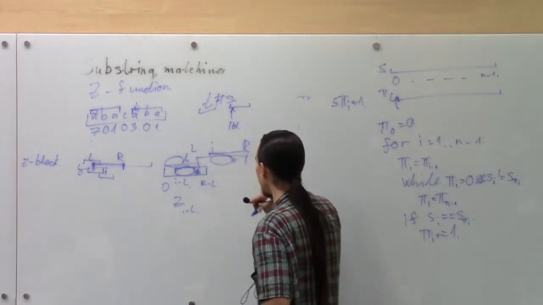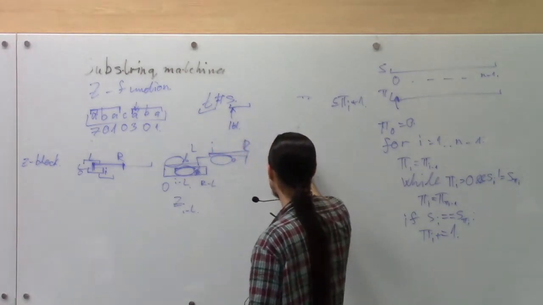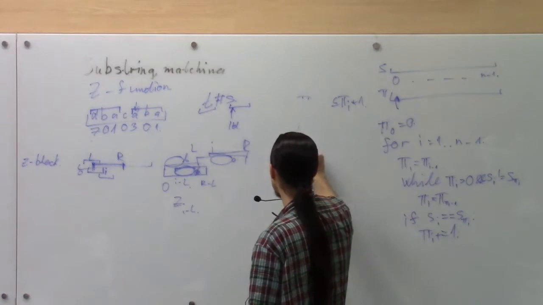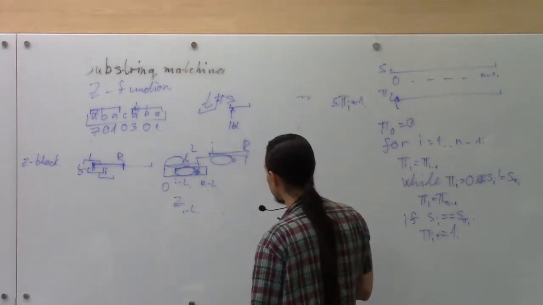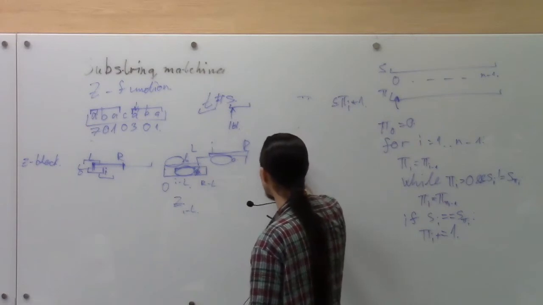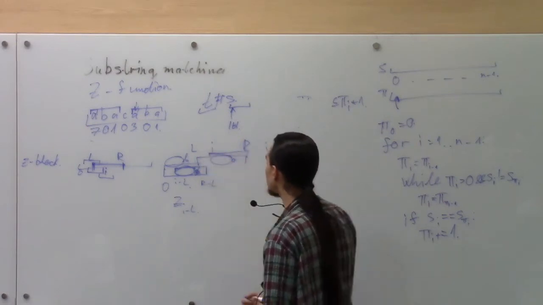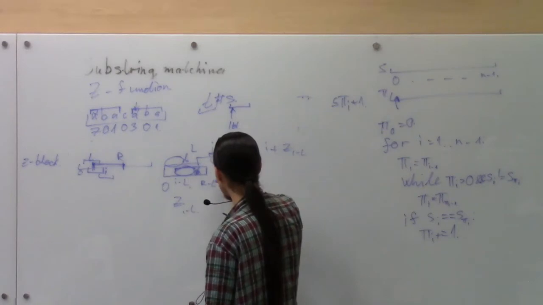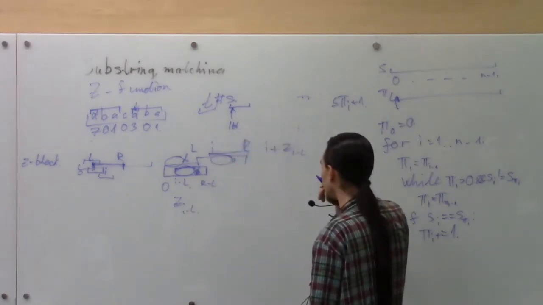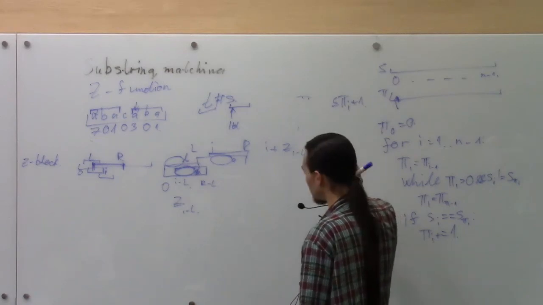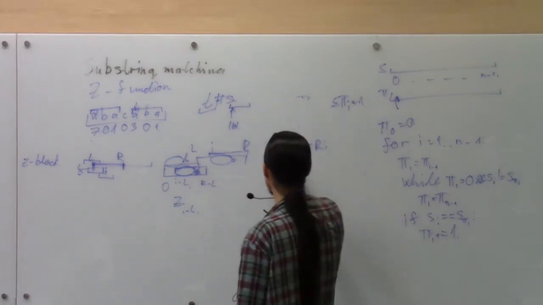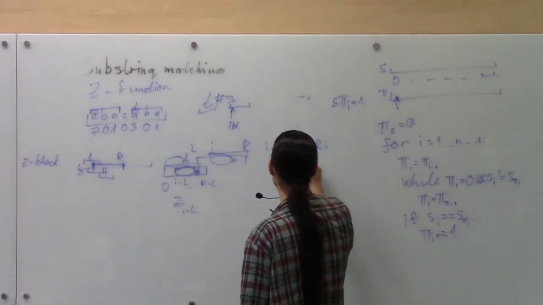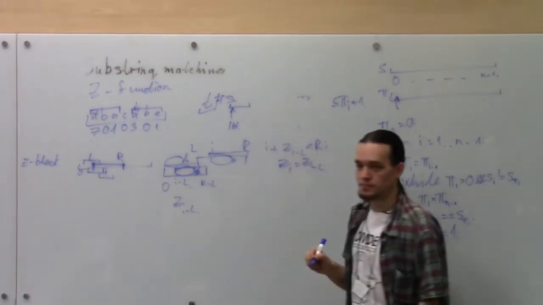So in the case when we have Z[i minus L], if we go from here, and the length is less than R, then we must have that Z[i] is equal to Z[i minus L].